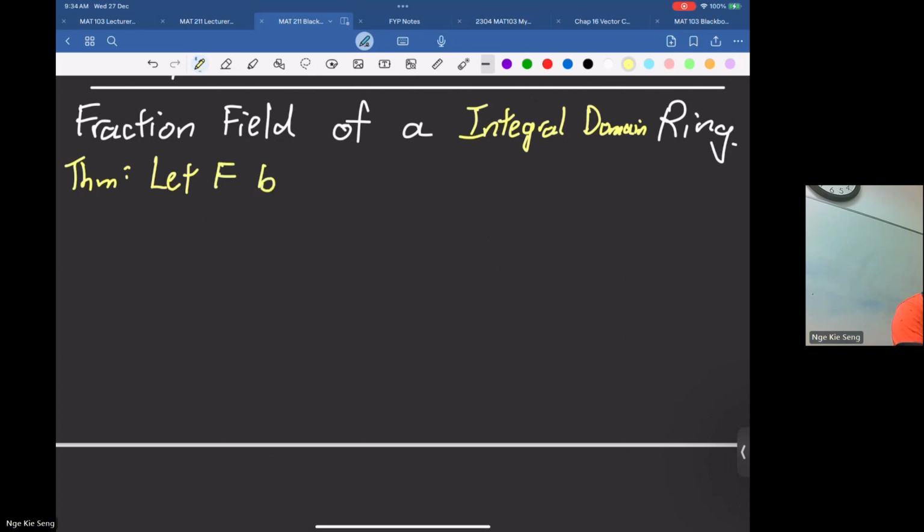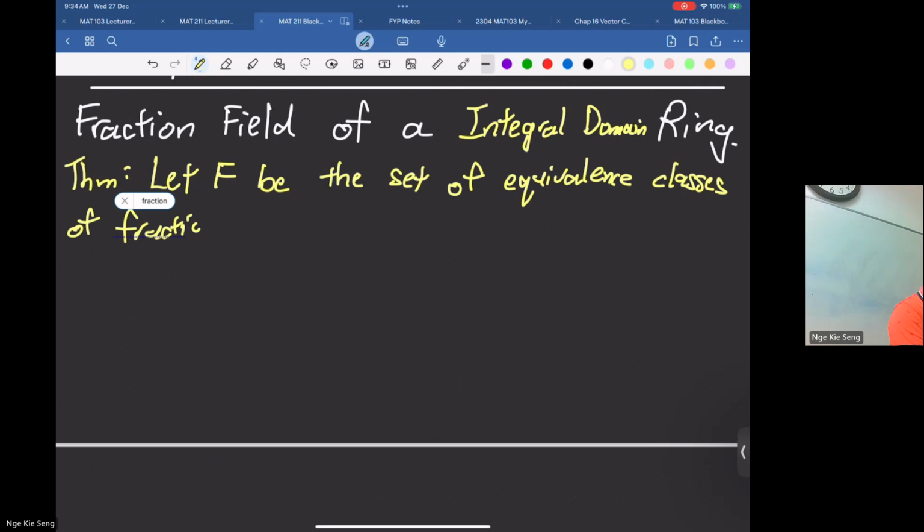So let F be the set of equivalence classes of fractions of elements of an integral domain. When I talk about this, you should imagine the typical example, the rationals.